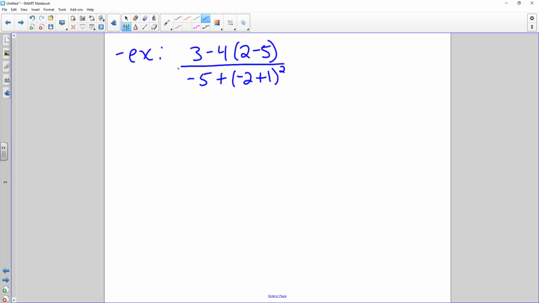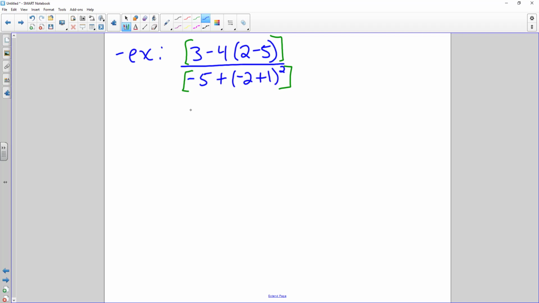Okay, so this big fraction line, this does mean division, but we need to imagine there's big parentheses on top or brackets and then big ones on the bottom because this is showing everything on top divided by everything on the bottom. So we'll have to simplify the top and the bottom first. Last is giving me that division.